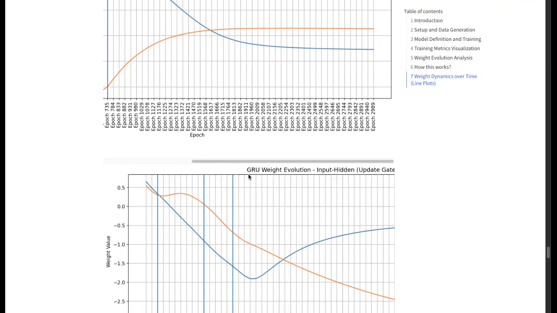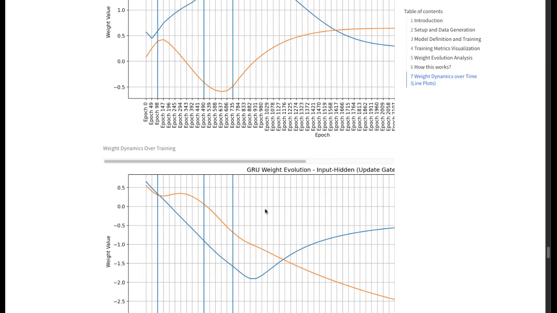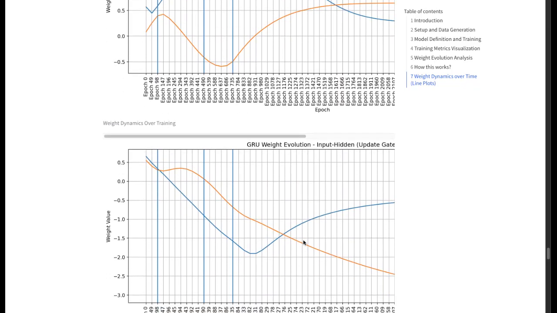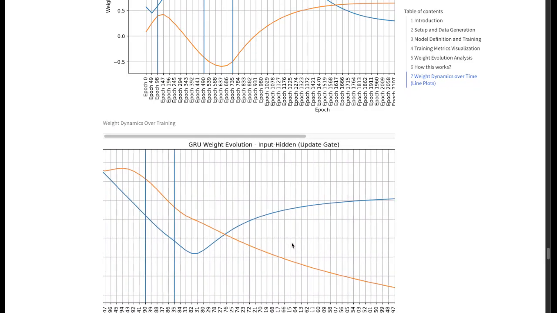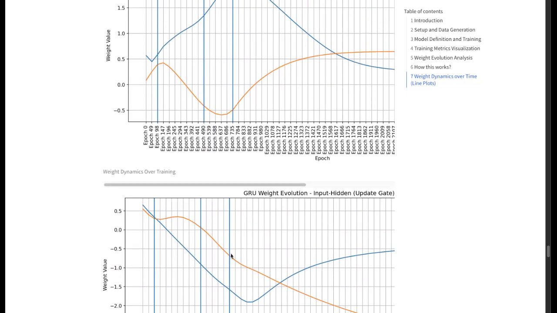And again, we see here. Let's see if I can make it. All right. We see some really important, kind of not really a symmetry here, even though we don't see a real symmetry between these two lines here.